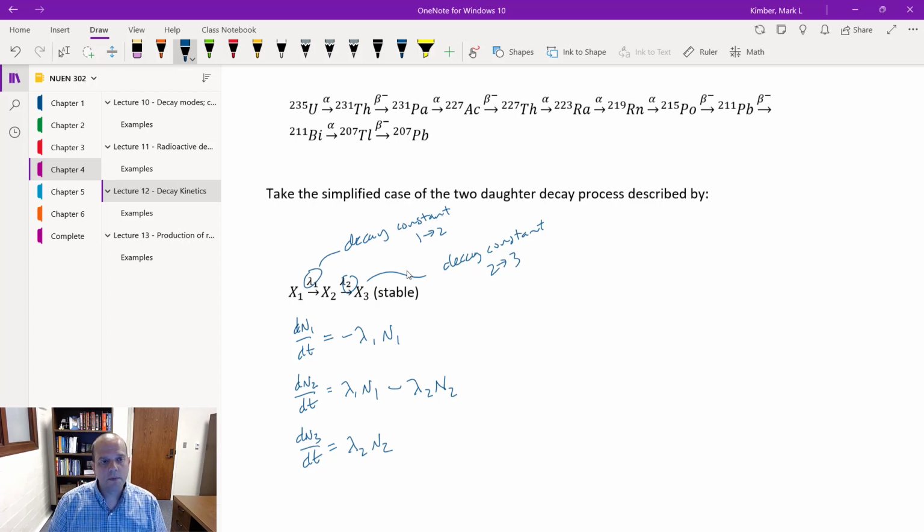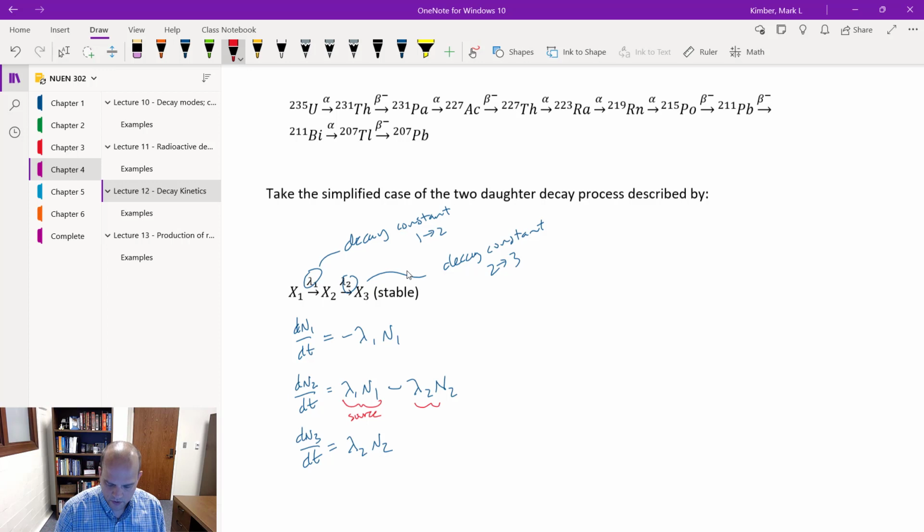And so for isotope number 2, we have a source and a sink. So this here is the source. If I live in the isotope 2 environment, then there are atoms being generated for N2 through the decay process. That's a source.